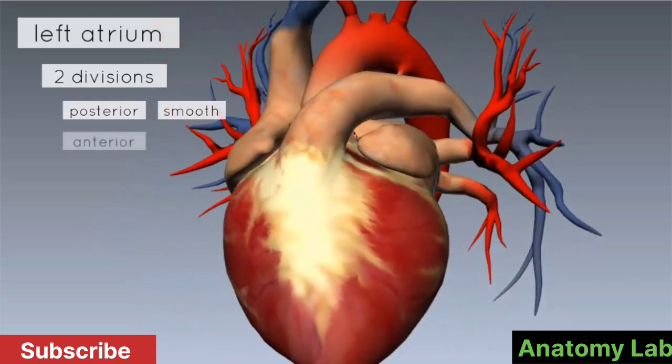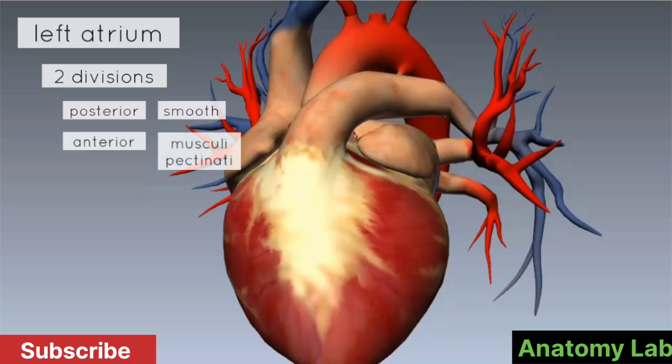The anterior half is continuous with this left auricle, and this half of the left atrium contains the rough ridges, so it's got the musculi pectinati. But unlike the right atrium, there's no crista terminalis.